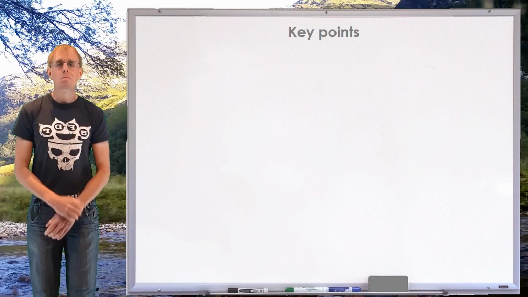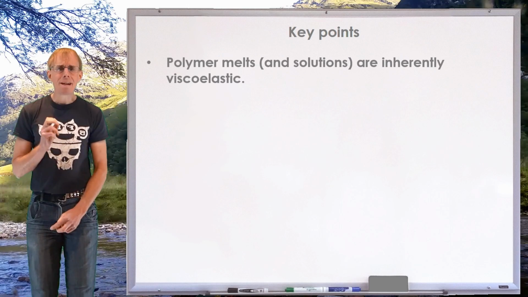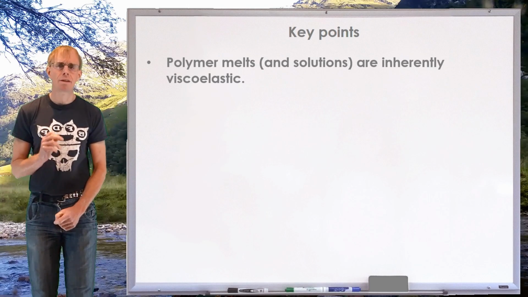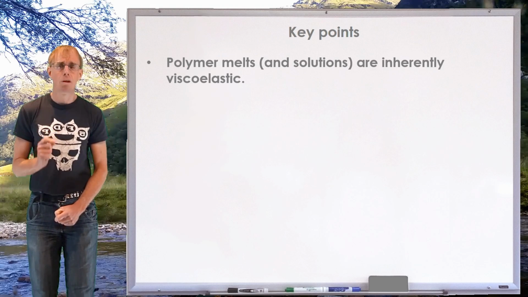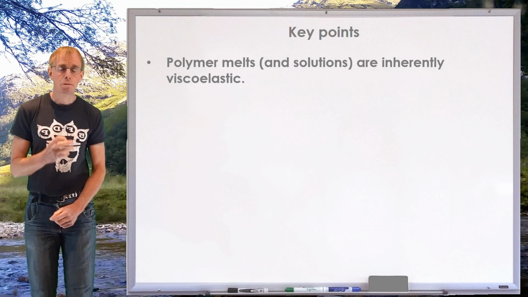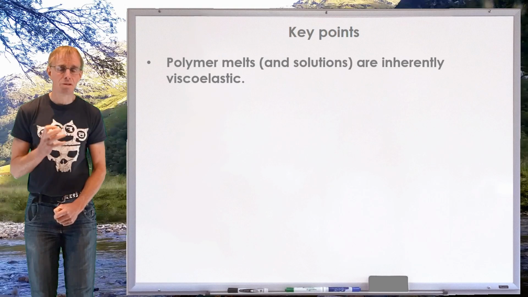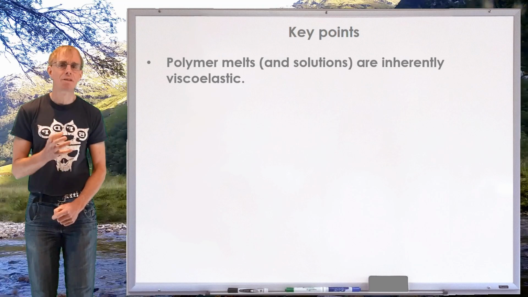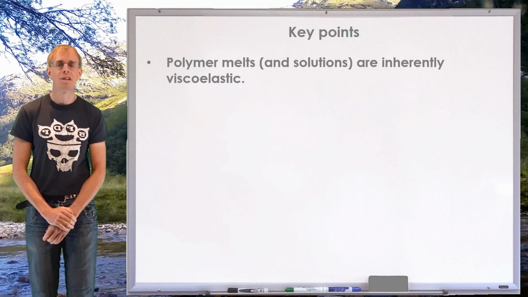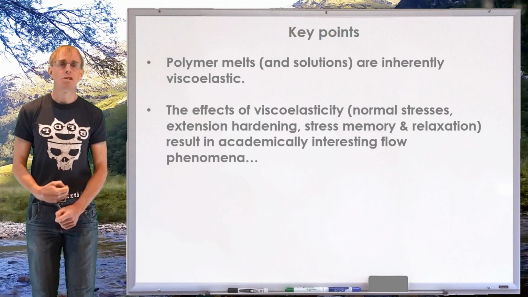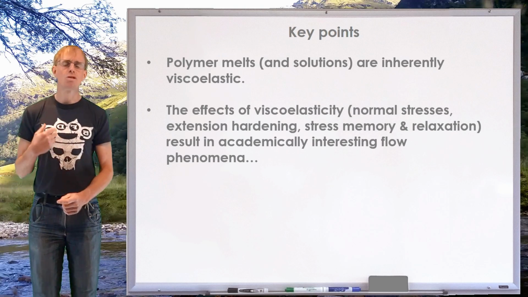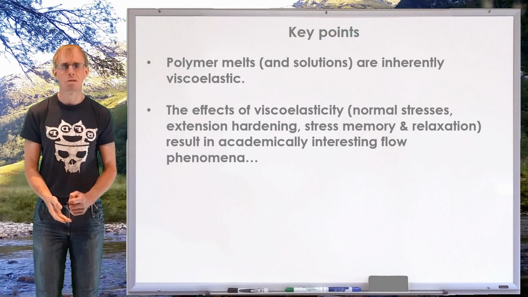So let's summarize a few key points. The main thing I wanted to get across in this part of this lesson was that viscoelastic polymer melts are processed, and that viscoelasticity can impact the way in which the processing happens. We've got effects such as normal stresses, extension hardening, stress memory effects, and stress relaxation effects.